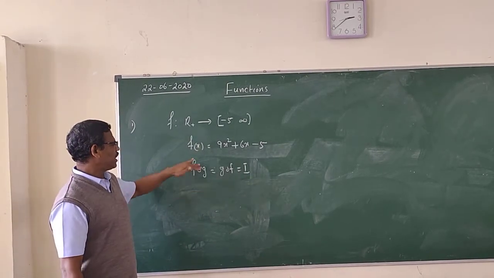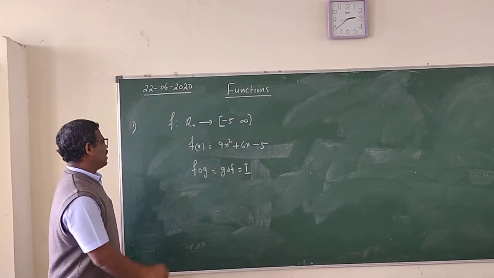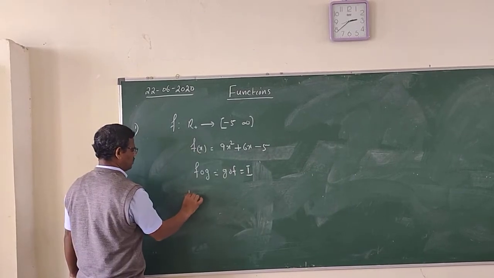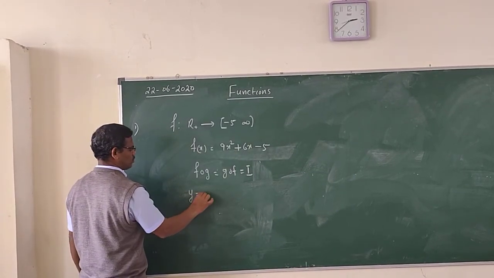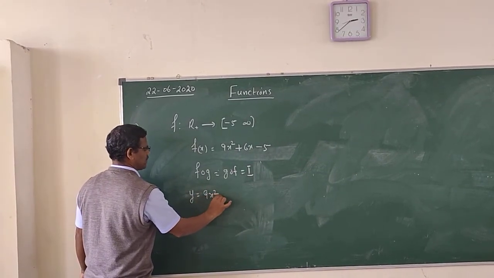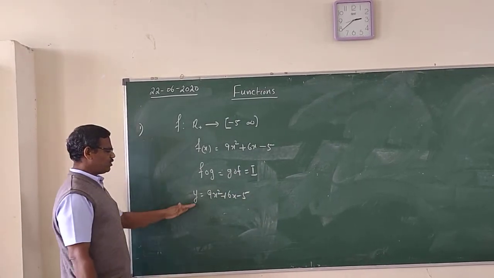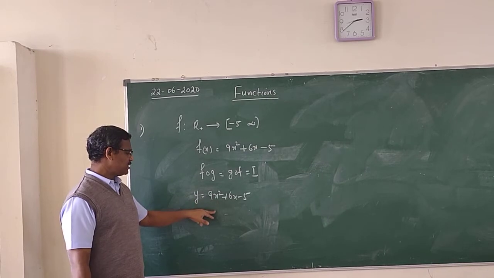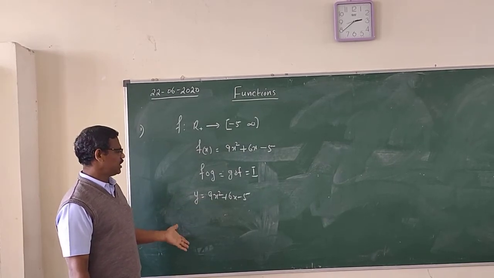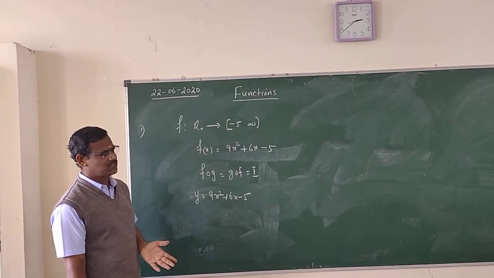So we will go ahead with such cases, and for that we take y = 9x² + 6x − 5. Let us try to find x in terms of y, so that you get a function and another function.